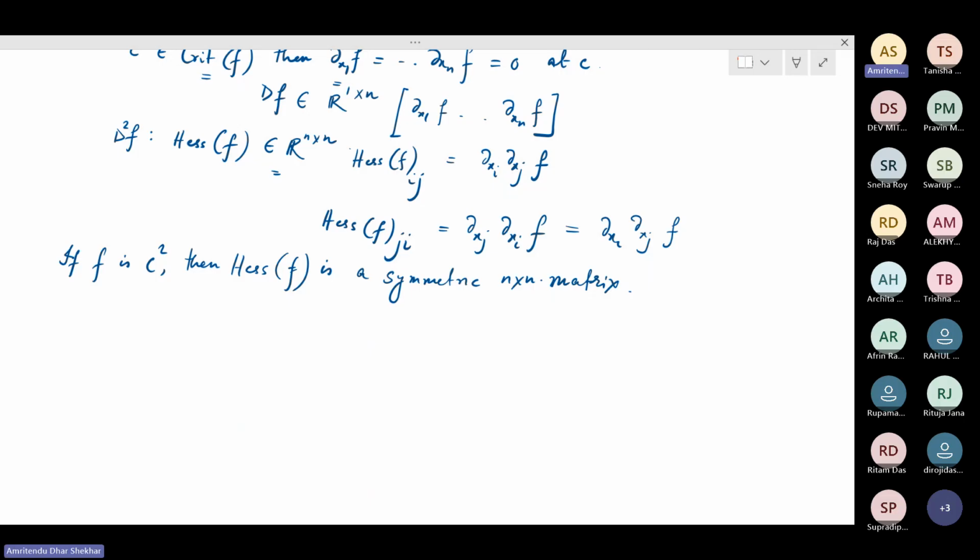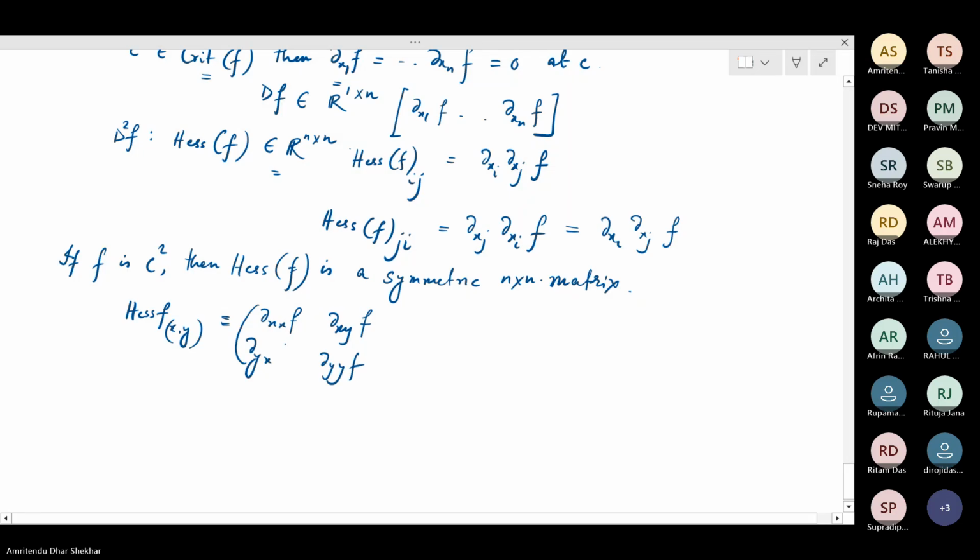So let's bring it down to the two variable case so that it looks less abstract and more manageable. For a two-dimensional function, the Hessian of f at a point x comma y is the matrix with entries del x x f, del x y f, del y x f and del y y f. Of course, the mixed entries are equal.